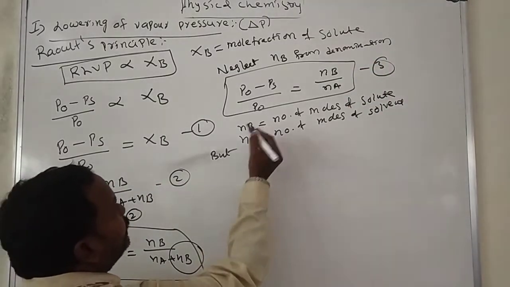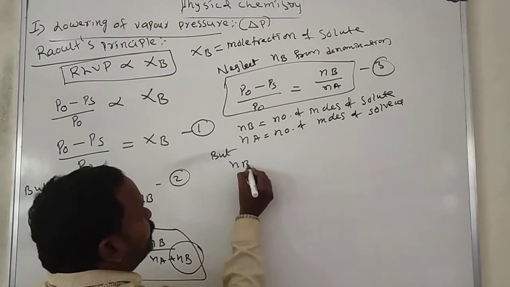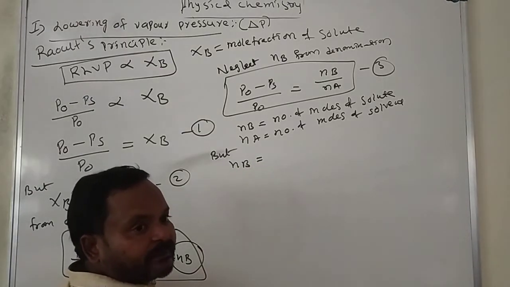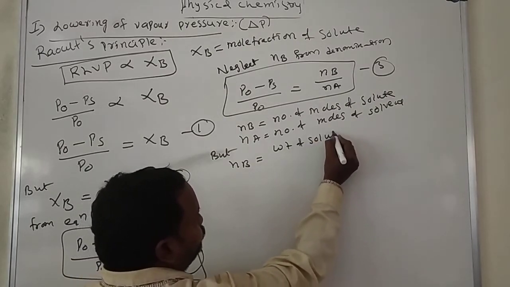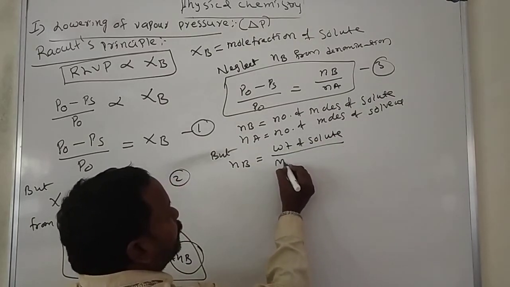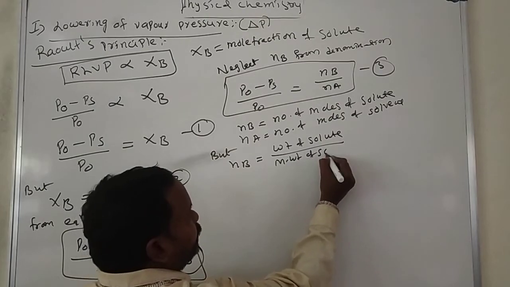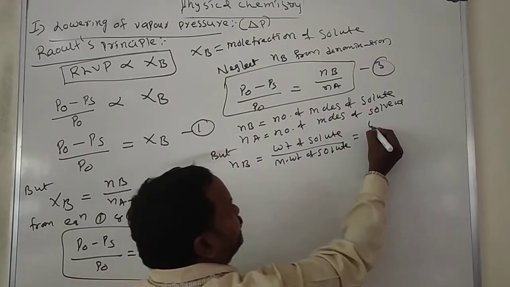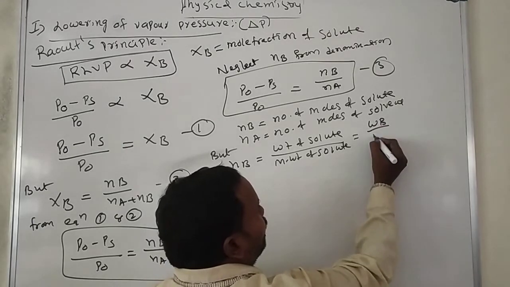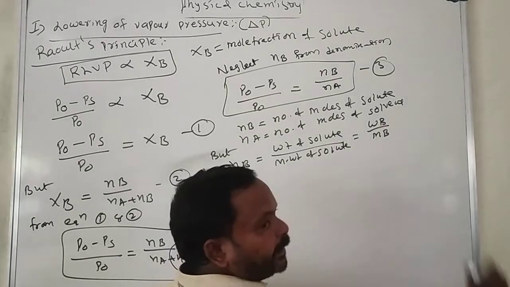But here, Nb is equal to the number of moles of solute, which is equal to the weight of solute by the molecular weight of solute. Weight of solute is indicated with Wb, molecular weight of solute is indicated with Mb.